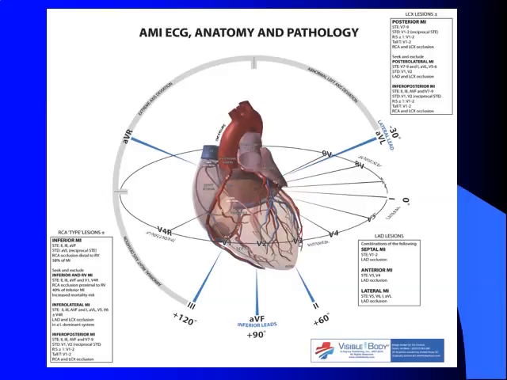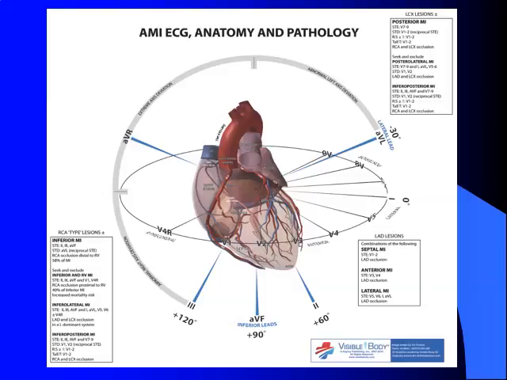Like we said, those are inferior leads looking at the inferior wall of the heart, generally the right coronary artery. We look at the top, anatomical position, left side of the heart. We see leads 1 and AVL, AVL looking at the high lateral and 1 looking at the high lateral side of the left ventricle. And then we move to our precordial leads, and it's kind of hard to see the ones that are on the anterior portion of the heart. But we can see them there, V1, V2, V3, V4, through V6.